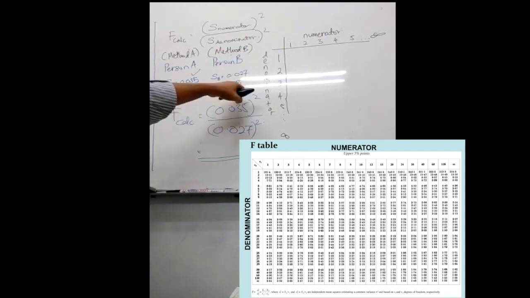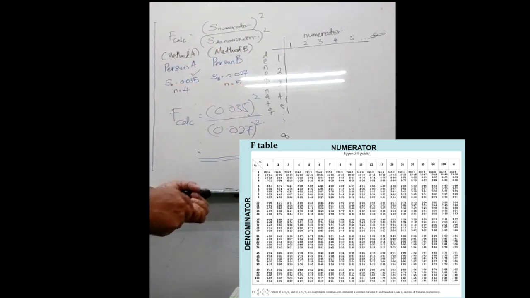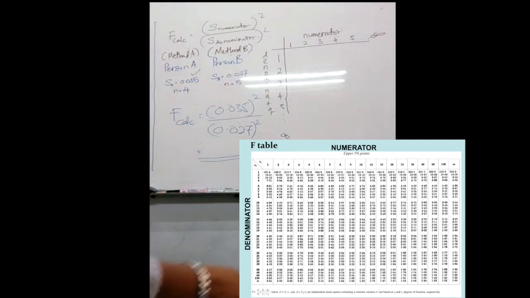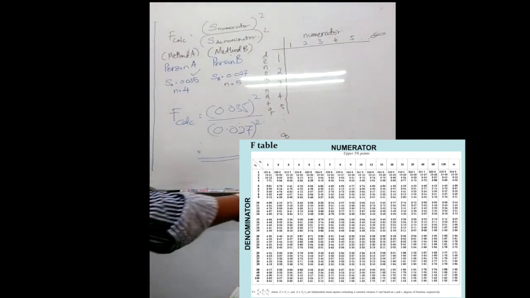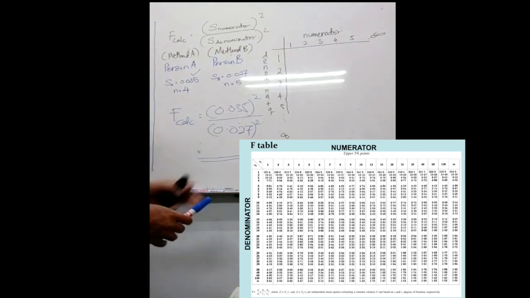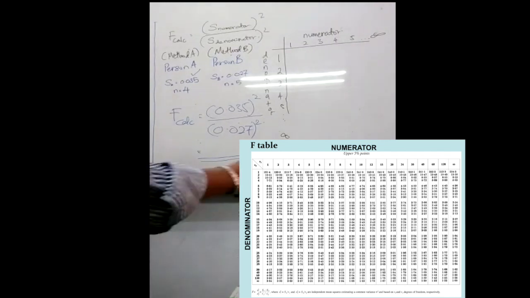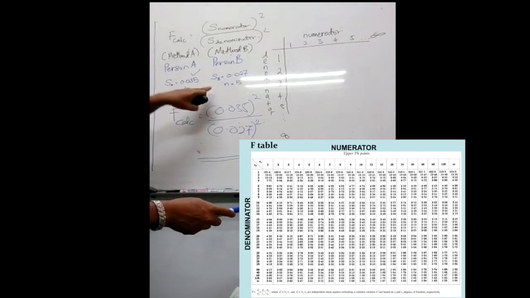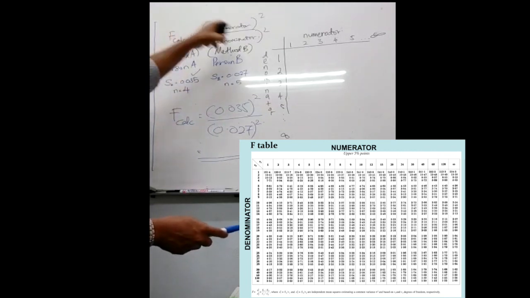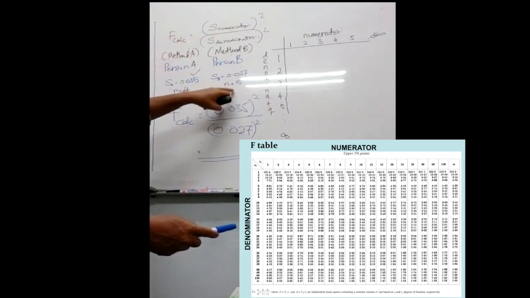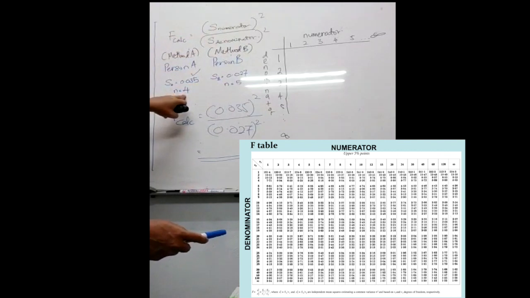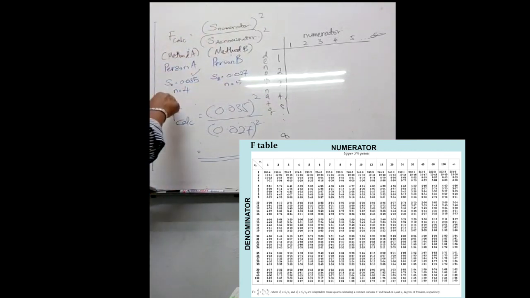But to get the correct value, we must look at the degrees of freedom. By using this example, we must look at 3, because the degree of freedom here is 4 minus 1, which is 3.